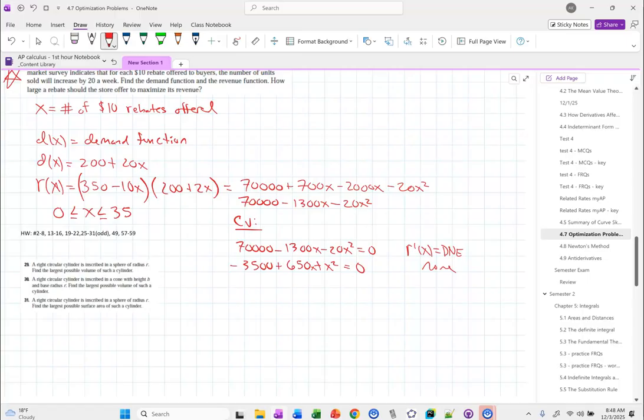It multiplies to give us negative 3,500 and adds to give us 650. 50 and 70 multiply to give us 3,500, right? So positive 700 and negative 50, I think.